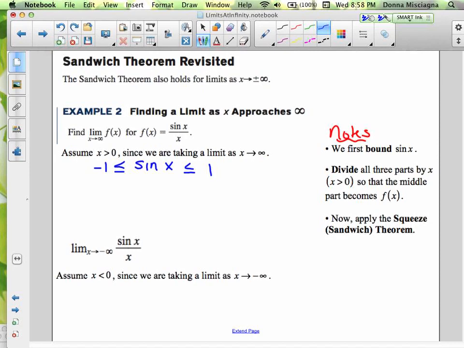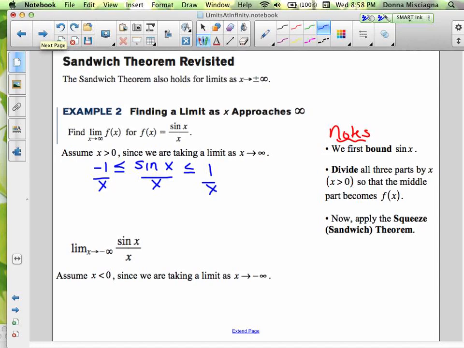So the middle part is going to be our function here. We're going to divide this one by x, and this one by x, and this one by x. And we know that sine x over x is also going to be in between our 2 functions, -1 over x and 1 over x.